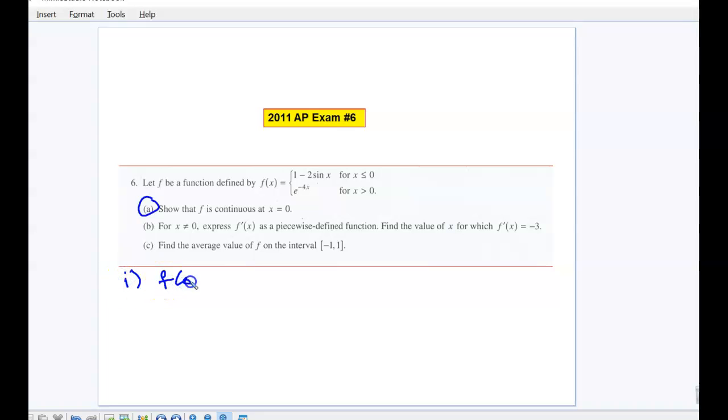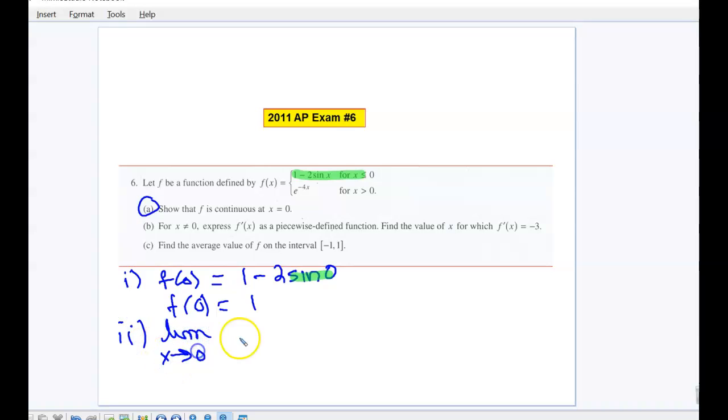So first of all, figure out f of 0. Again, I'm using this part of the function. So it's going to be 1 minus 2 times the sine of 0. Again, knowing your unit circle, the sine of 0 is 0. So f of 0 is equal to 1. So now I have to figure out the limit as x approaches 0 of f of x.